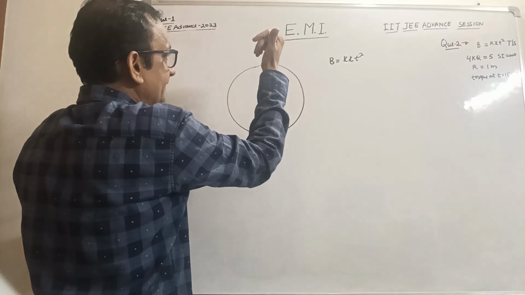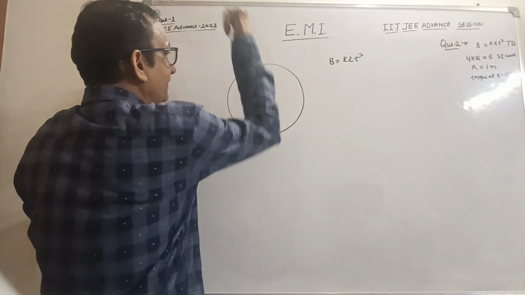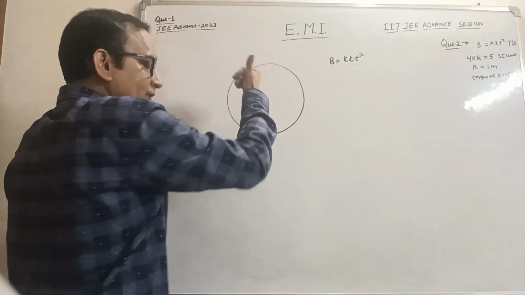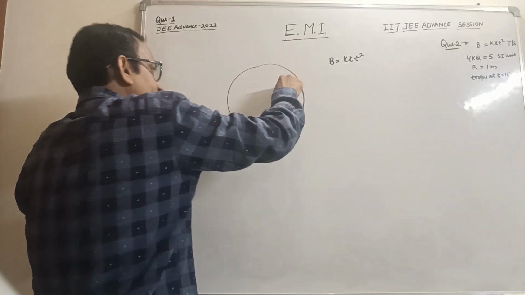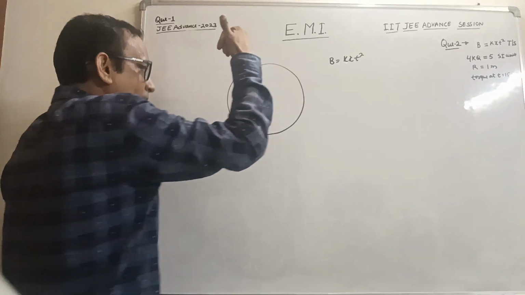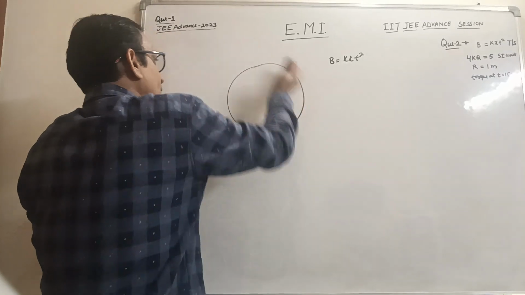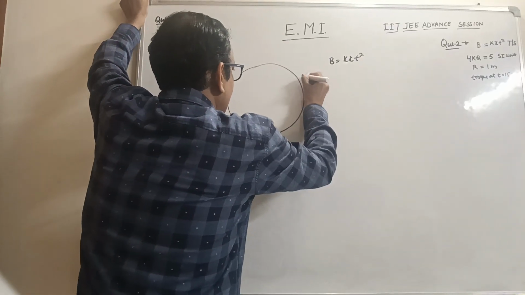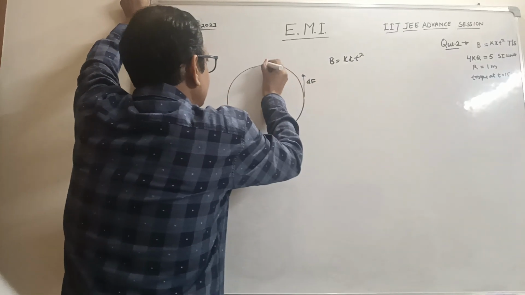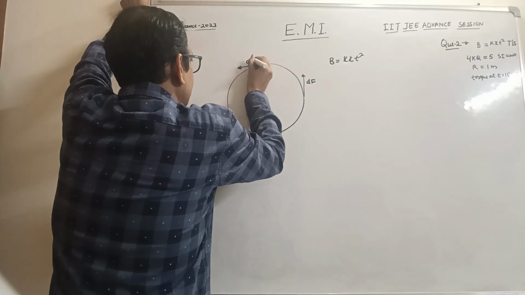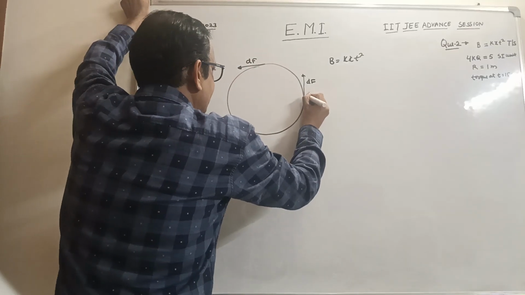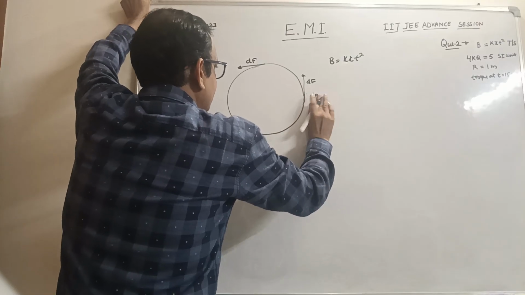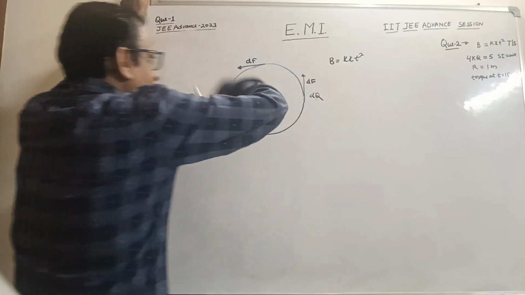So the induced current would be in the anti-clockwise direction. So the force dF on a small charge dq would be like this.